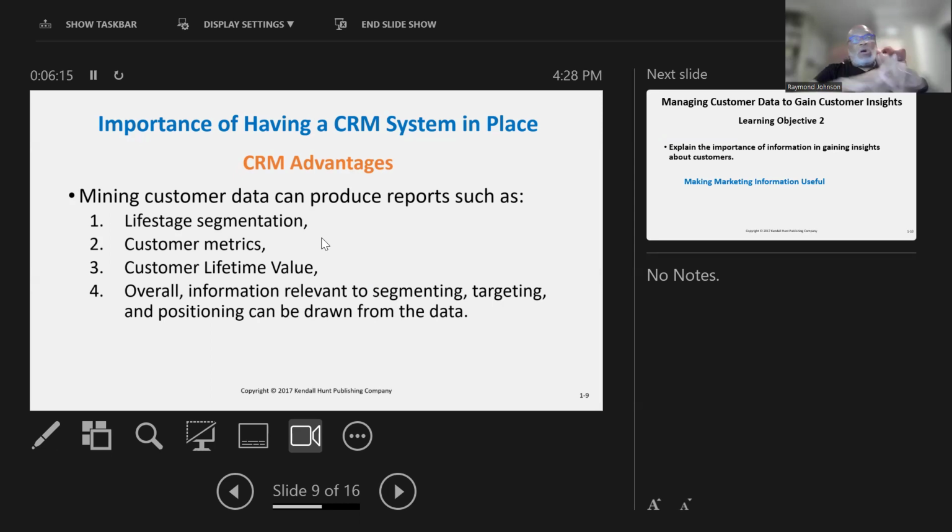And then we take a look also at the customer lifetime value. Every product that's out there has a customer lifetime value associated with it, or what they consider to be a CLV. That customer lifetime value means over the course of your life, how much money do they anticipate you spending with them?